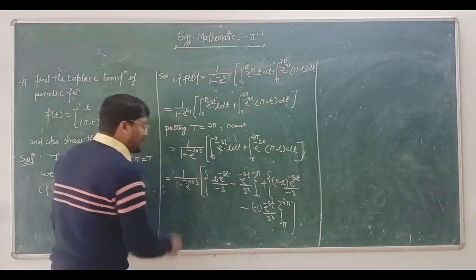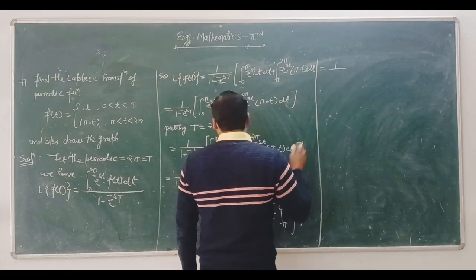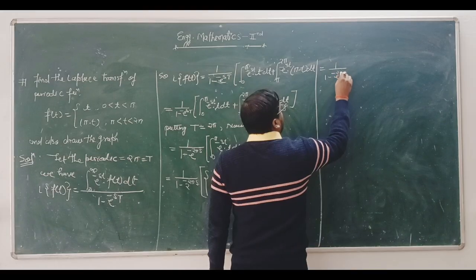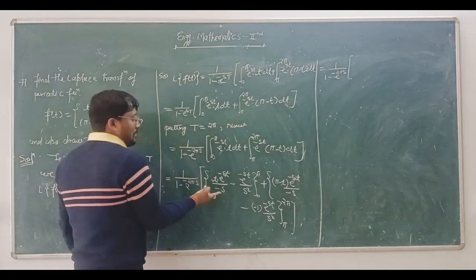Now solve this integral. 1 upon 1 minus e to the power minus 2 pi s, bracket, putting the limit 0 to pi.